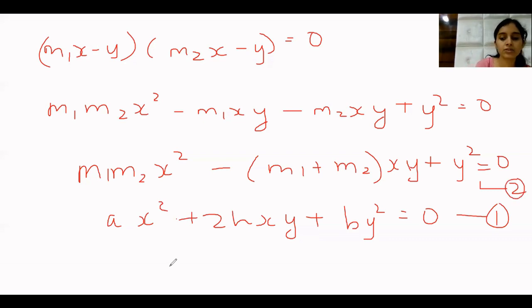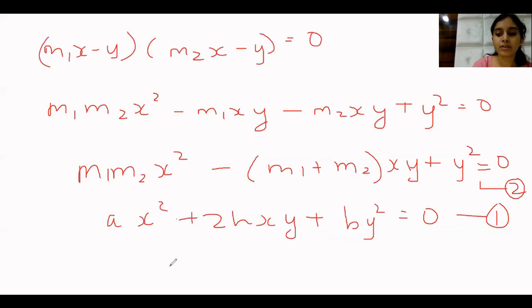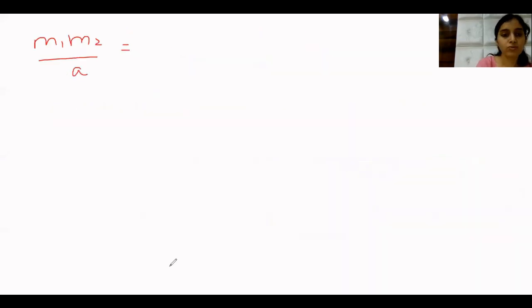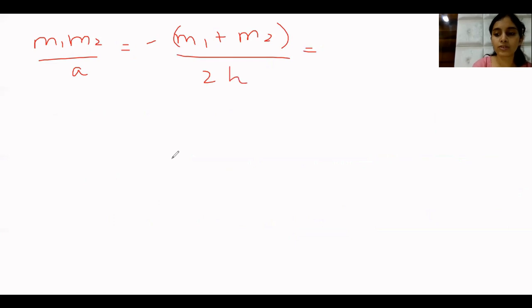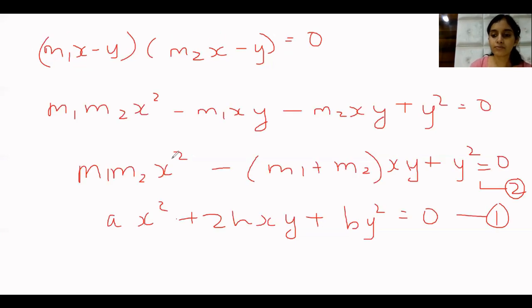So we can write the ratio of the coefficients as m1 m2 upon a is equal to minus m1 plus m2 upon 2h is equal to, the last coefficient, 1 upon b.